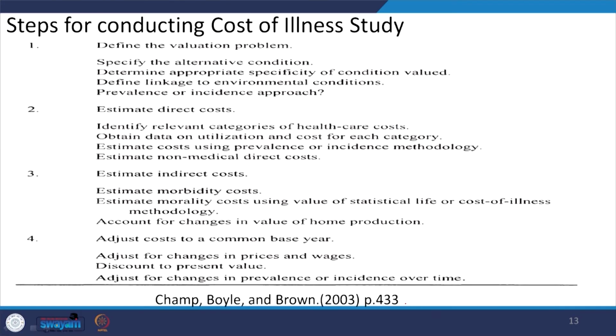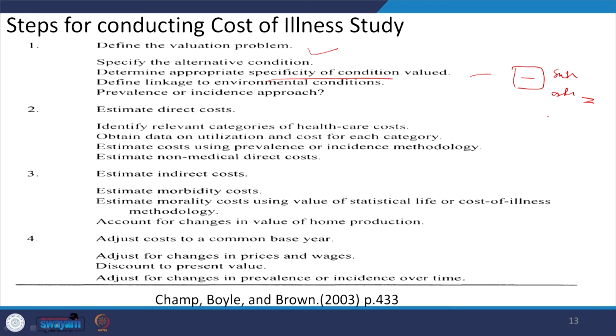So, based on this understanding, if one has to conduct a cost of illness study, we need to take into account this valuation problem. First, determine the appropriate specificity of conditions, that is, which conditions you are trying to value, whether it is pollution and health, and which kind of health, whether it is skin cancer and pollution, or asthma and pollution.